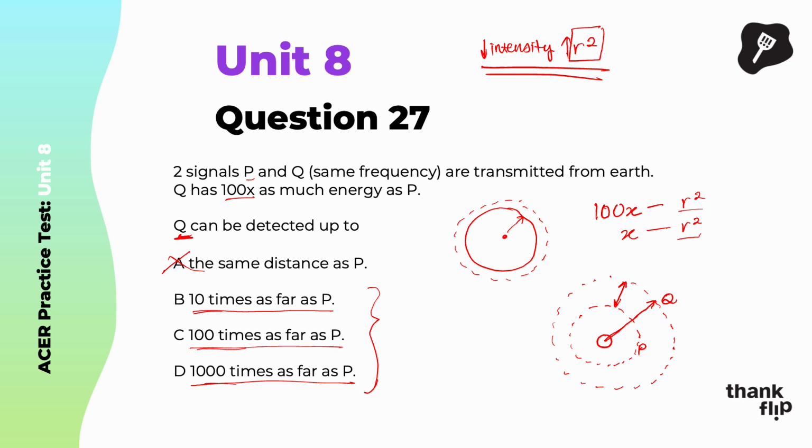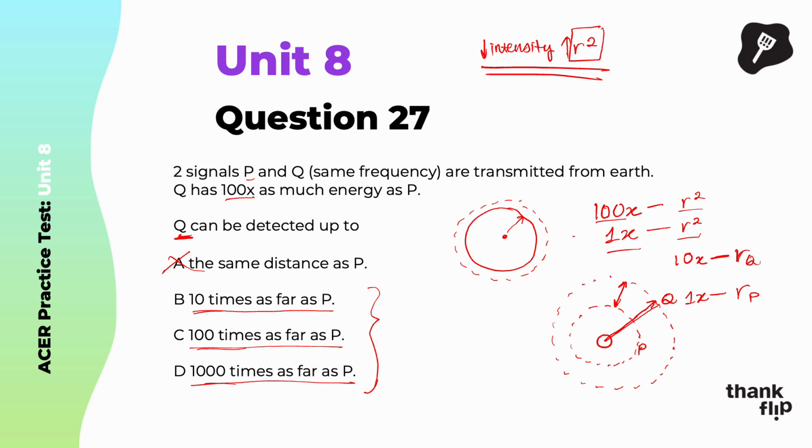What tells us about the distance is the radius. And so we want to square root these. So I'll go r for Q and then r for P. The square root of 1 is just going to be 1. And the square root of 100 is going to be 10.